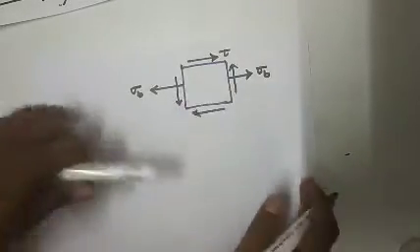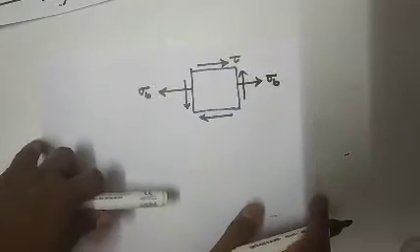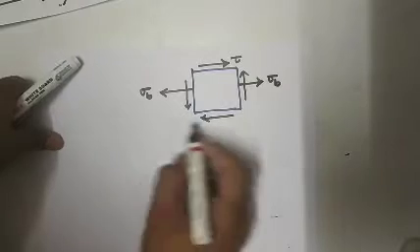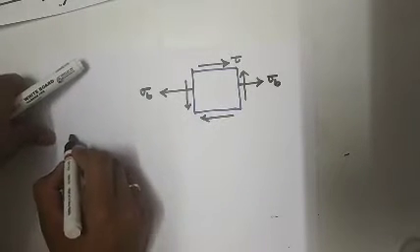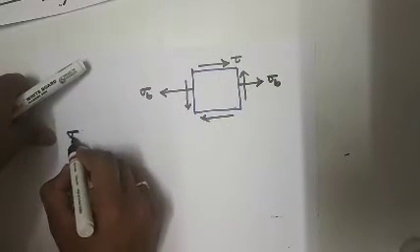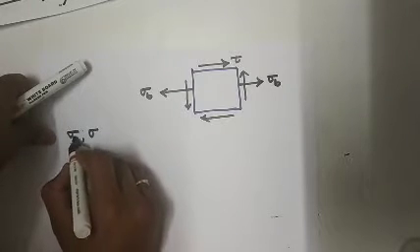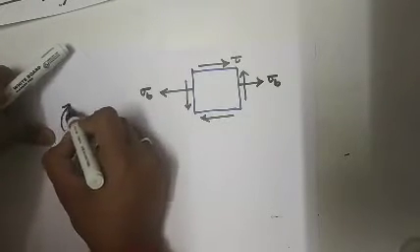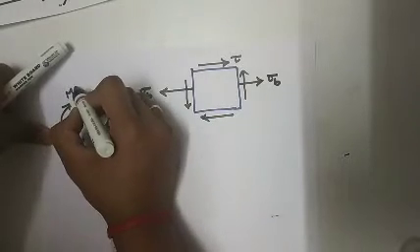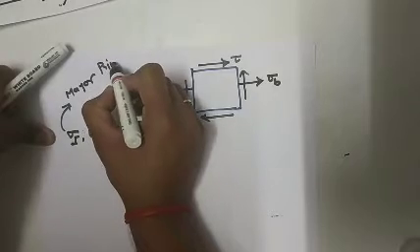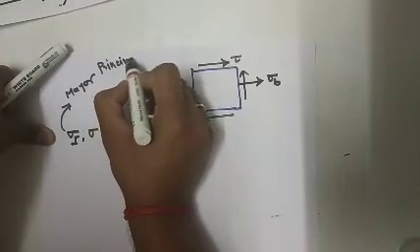Considering the positive directions, what will be the principal stress? By the definition of principal stress, sigma 1 denotes the major or maximum principal stress, and sigma 2 denotes the minor or minimum principal stress.